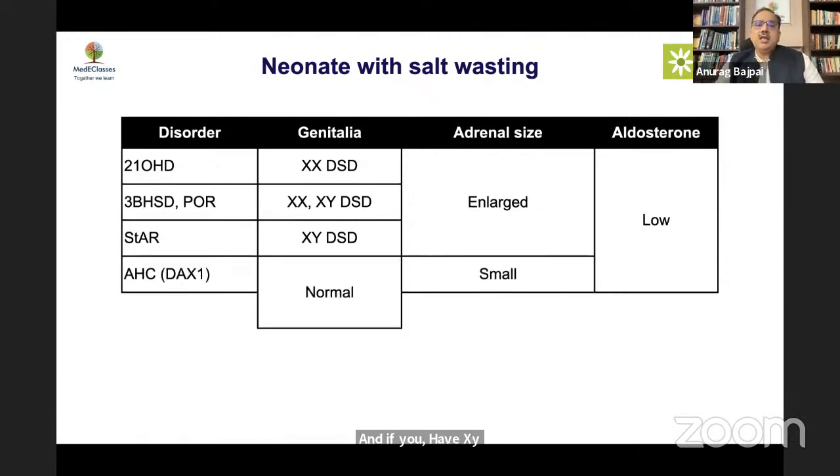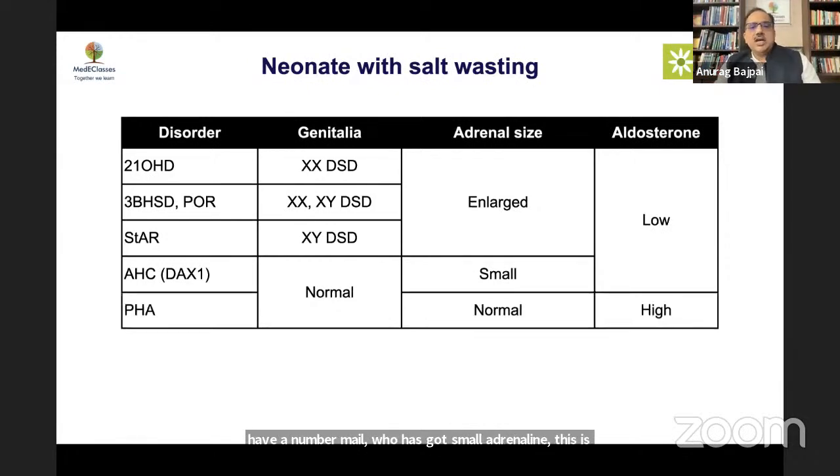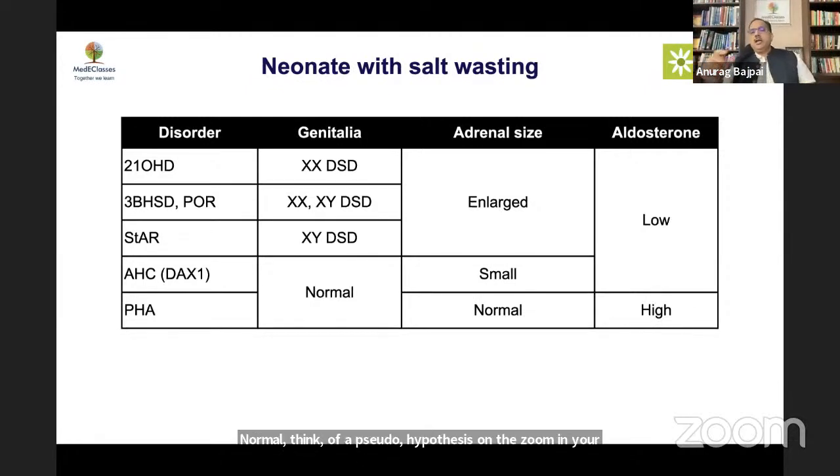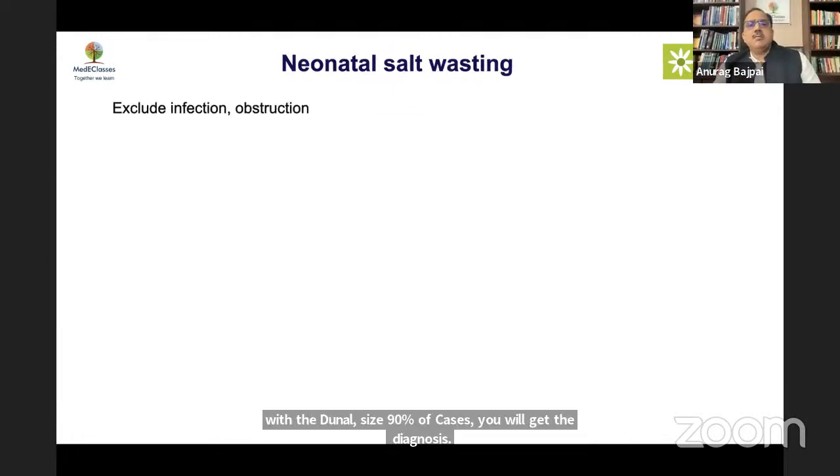On the other hand, if you have a normal male who has got small adrenals, this is X-linked adrenal hypoplasia congenita. While if everything is normal, think of a pseudohypoaldosteronism and your aldosterone levels will be high. So always look at the neonate, look at the genitalia, get an ultrasound for adrenal size. In 90% of cases, you will get the diagnosis where you are heading.